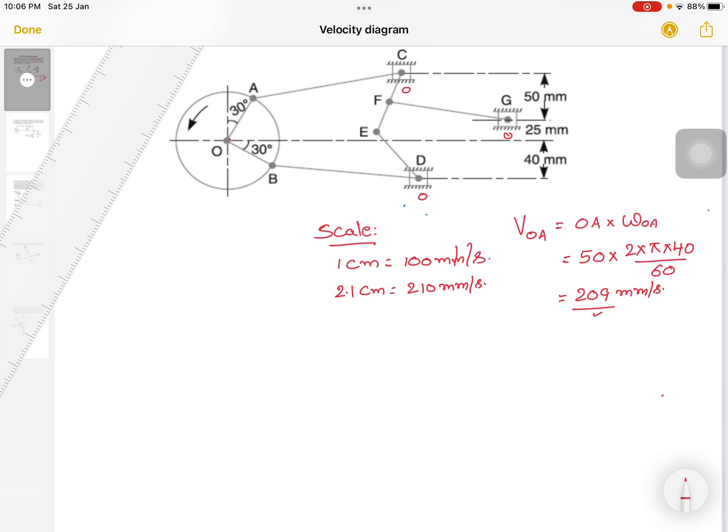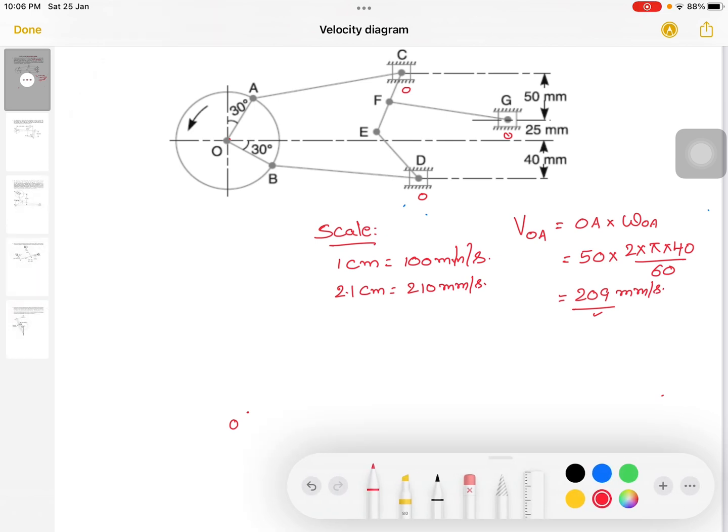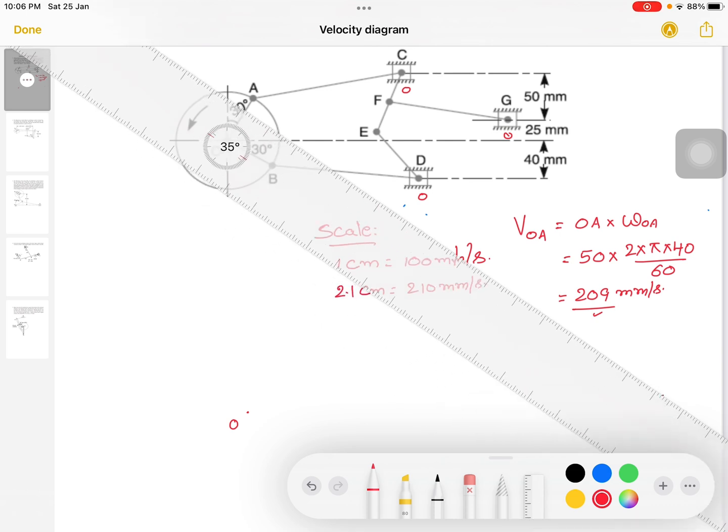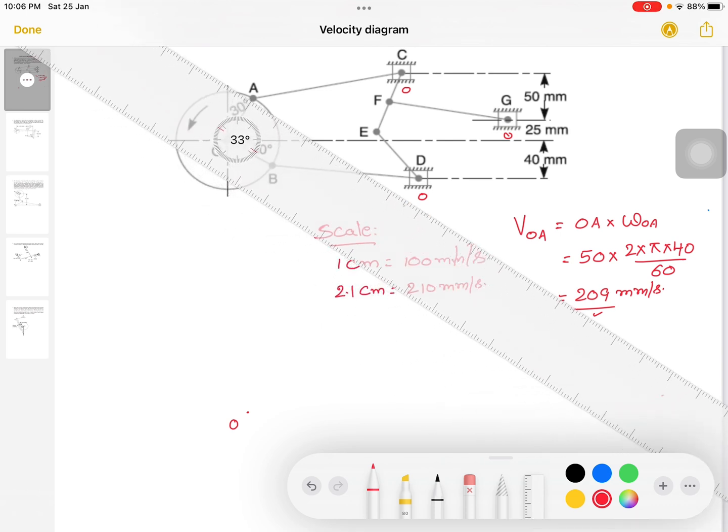The sliders are moving on a fixed point, that is point O. I am assuming all fixed points are 0, meaning point O. The velocity of a fixed point is 0. Now the velocity of any link is perpendicular to that link.